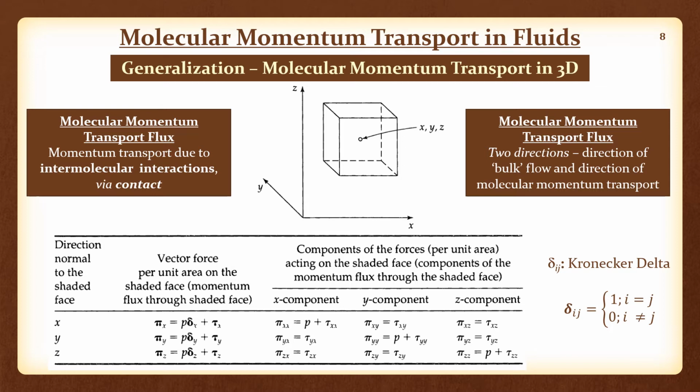Now finally, the last thing I want to point out in this slide is, if you look at the table, the second column, vector force per unit area on the shaded face. Of course, if you go to the book, each of these terms is shown in greater detail in pictures like this. A certain face is shaded to point out what was going on in the i, j, k.